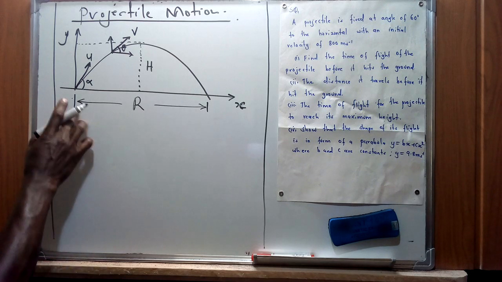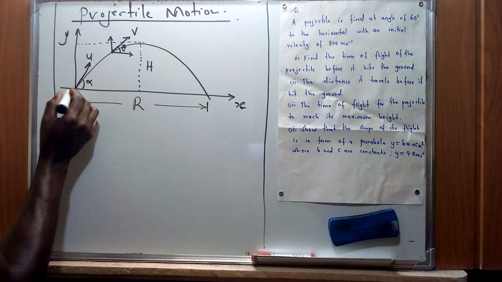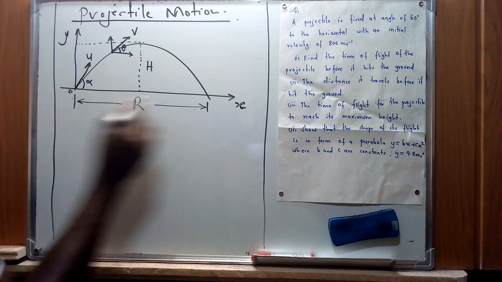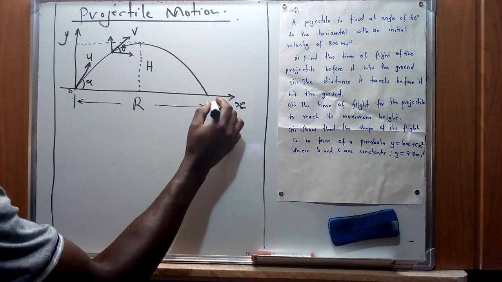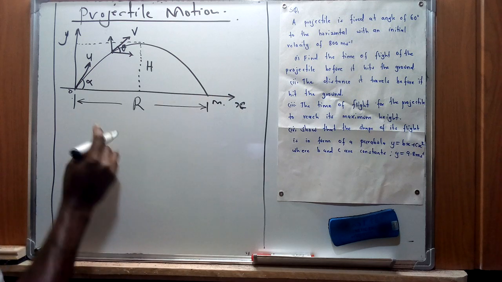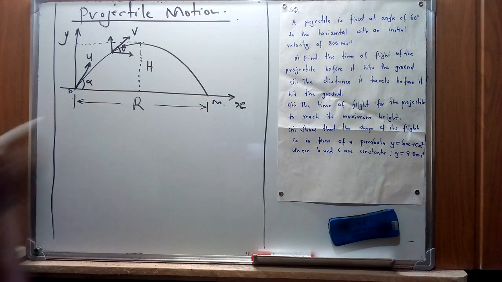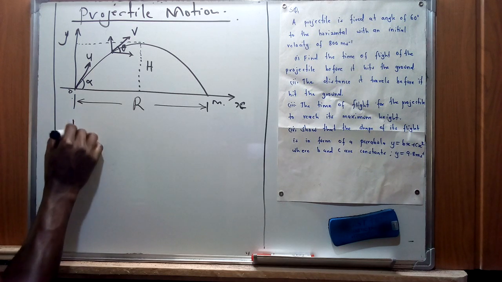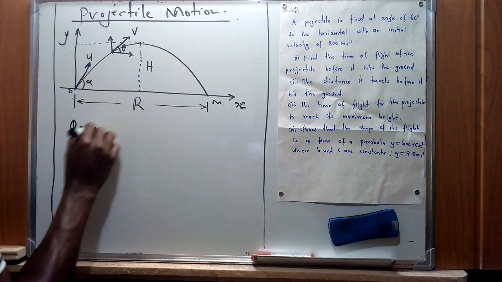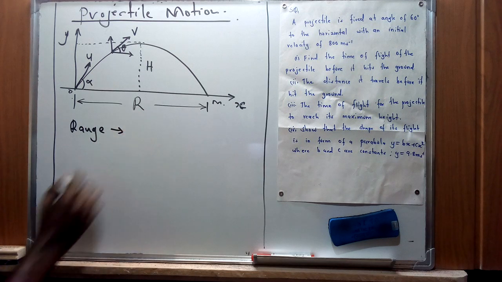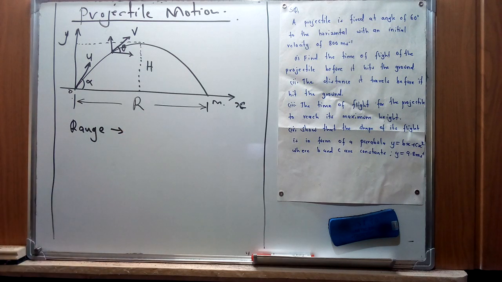As I've said, suppose it's a stone that is thrown from this point of origin to another point, maybe M, then the distance between O and M is referred to as R, and basically that stands for what we are going to refer to as range. And we're going to give a definition for that, perhaps using an equation.